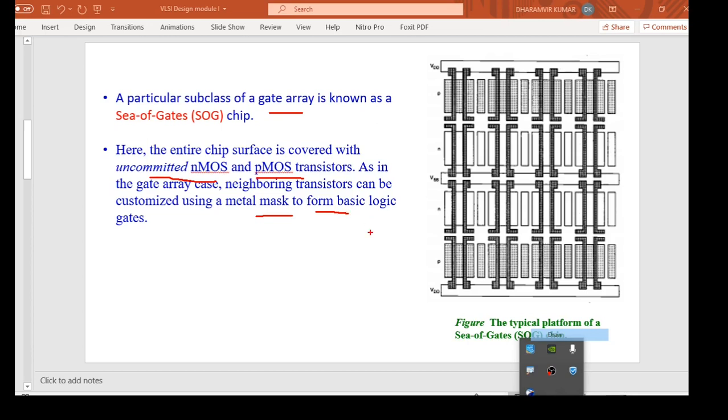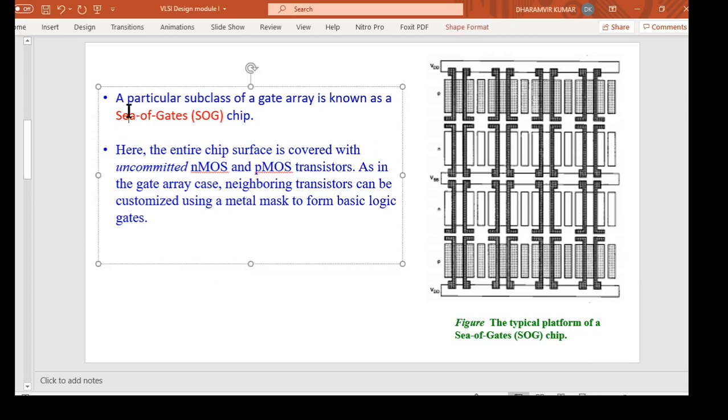The difference here is that it contains only uncommitted transistors, since the name is sea of gates. It does not have any space left for forming the routing channels or interconnections between different components.